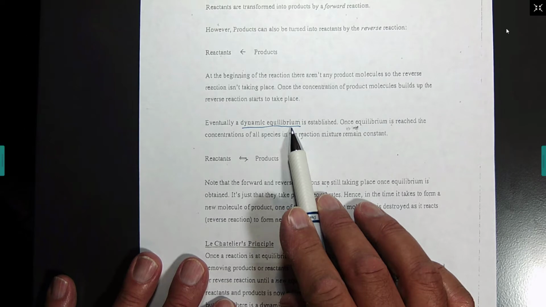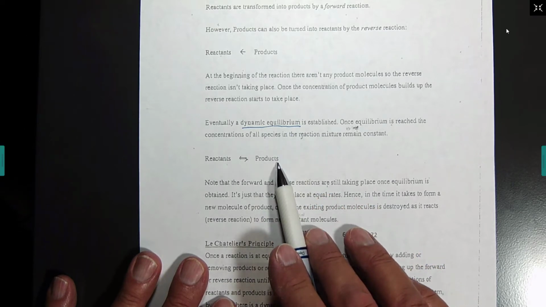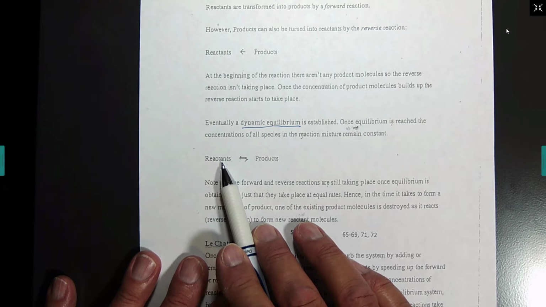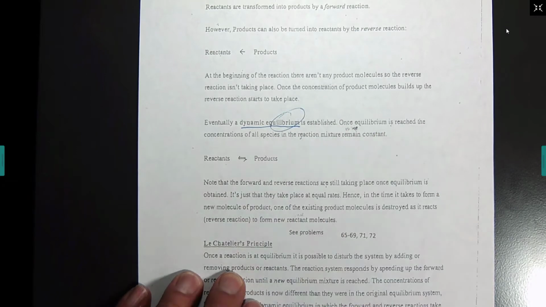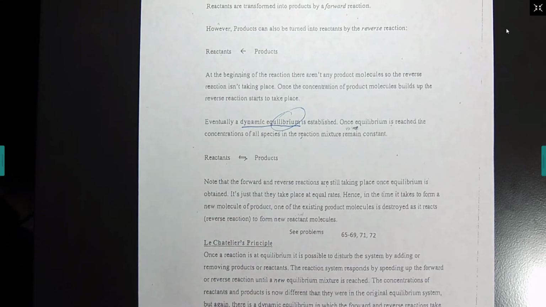The concentrations of everything are constant. The concentration of the products isn't going to go up. It's not going to go down. The concentration of the starting materials doesn't change. So all the concentrations remain stable, hence you're at equilibrium. The concentrations are not going to change.